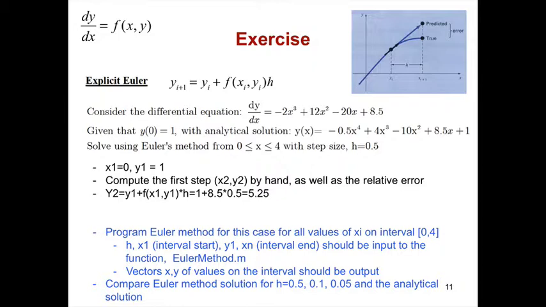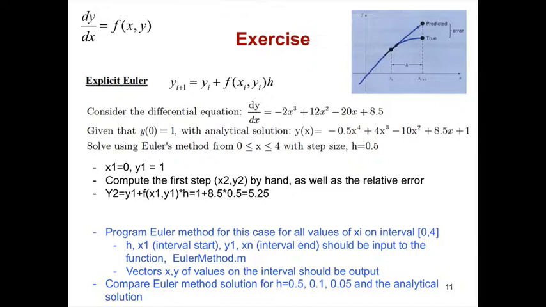I don't think we got to the programming part at all. We just computed, using this formula, for the problem dy/dx is f of x, y. It's really a function just of x, not of y, but it's a simple example where I can find the analytical solution by simple integration, so I can check how well I'm doing.